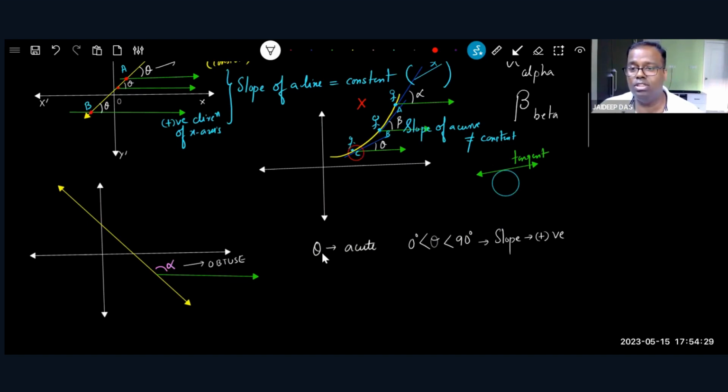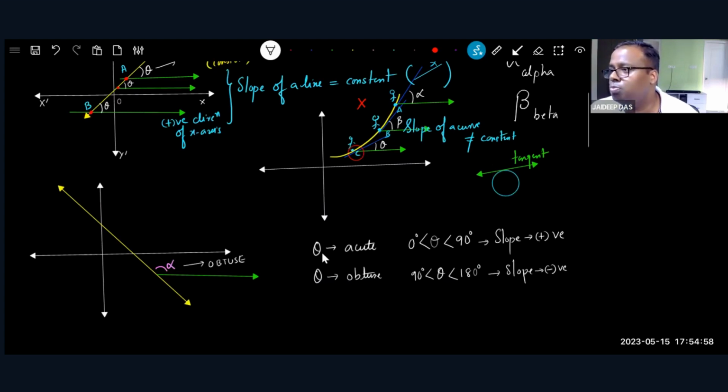This will be very important, like acceleration positive, acceleration negative. Now looking at graphs, you will be able to say, if theta is acute, slope is positive, and if theta is obtuse, that is, theta is greater than 90 degree and less than 180 degree, in that case, I will say slope is negative.